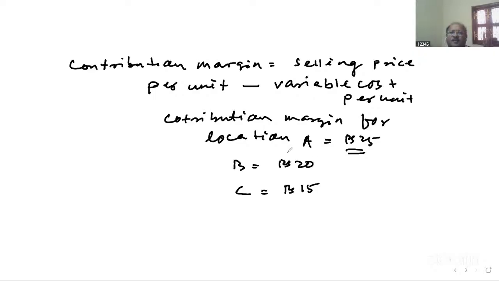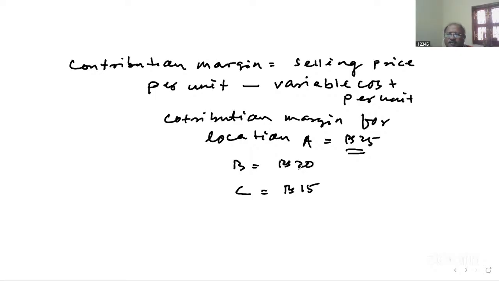Because variable cost of location A is the lowest one. But for location C, variable cost is the highest one.